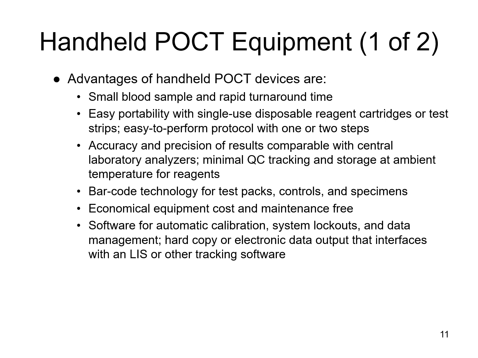There's a lot of barcode technology involved. Your test strips may have some sort of computer chip on them. With your test cartridges for something like the iStat, whenever you go to perform that test, you actually scan the barcode of the patient to put the patient information into the analyzer. You scan the barcode of the test kit.